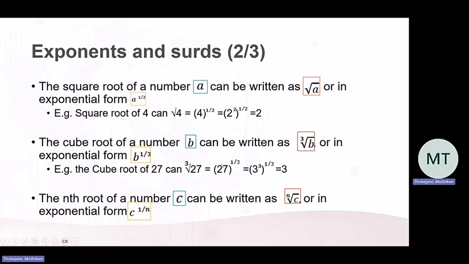Now in exponential format, as we said here, you will say 27 to the power of 1/3. Remember, in our case here, by default there is a 2 here, that's why it was 1/2. But now because there's a 3 here, it will be 1/3.